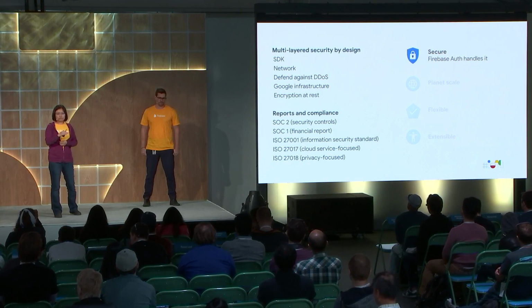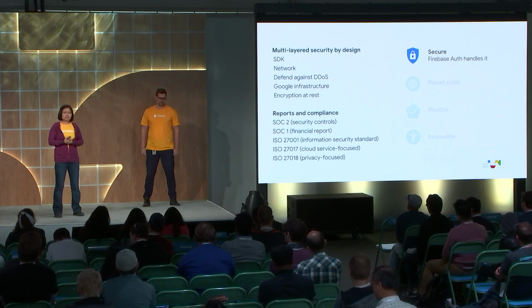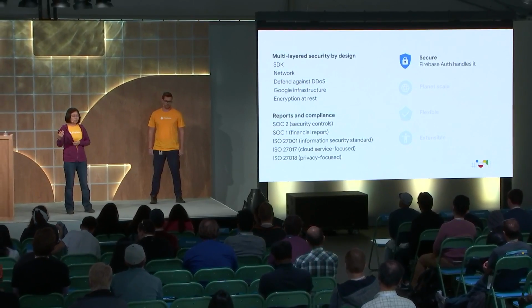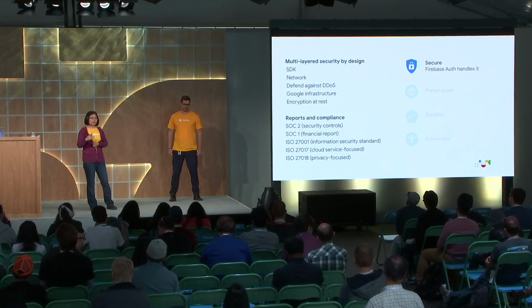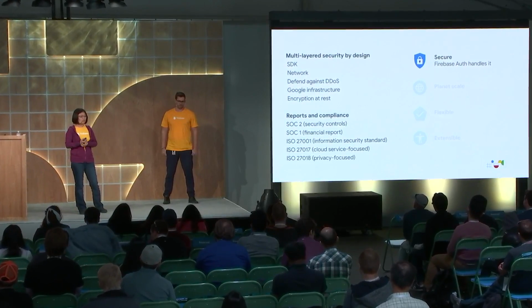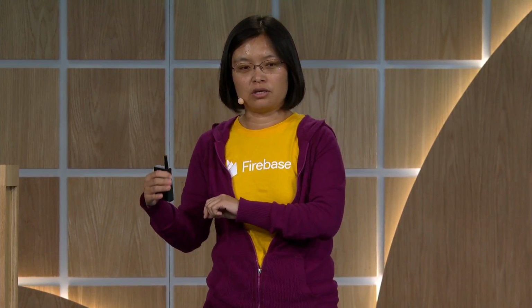The first layer of security is the SDKs. All our SDKs, before they were made available to you and built into your application, went through rigorous security review as well as third-party pen tests to make sure that they're good to use. And when our SDK sends a request to Google, that communication is encrypted in transit. And when that request reaches Google infrastructure, there are multiple layers of abuse detection and load balancing to defend your sign-in against denial of service.